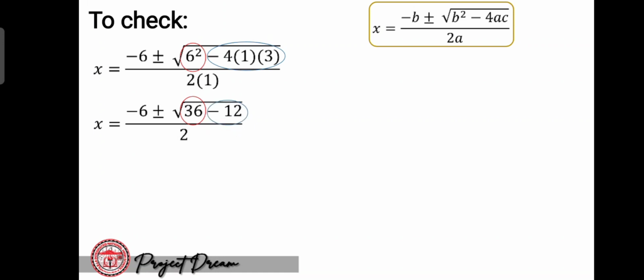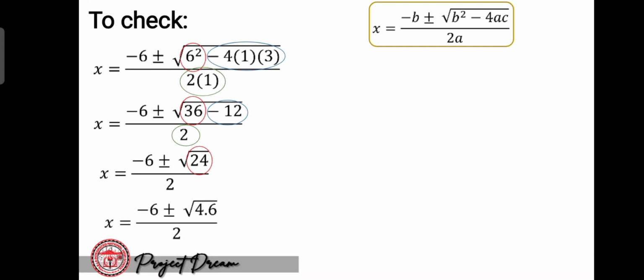And then we have 2 times 1, it is equal to 2. Next, we have negative 6, either positive or negative square root of 24 all over 2.